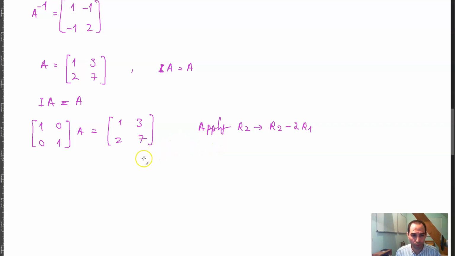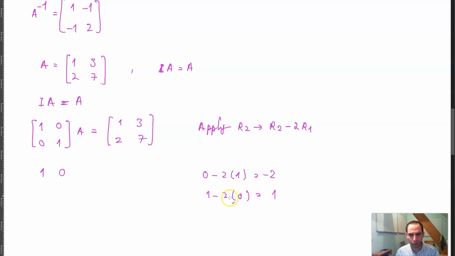Minus 2 times R1, which means that R1 remains the same, 1, 0, and then R2 is basically 0 minus 2 times 1, which is equal to negative 2, or 1 minus 2 times 0, which is equal to 1.